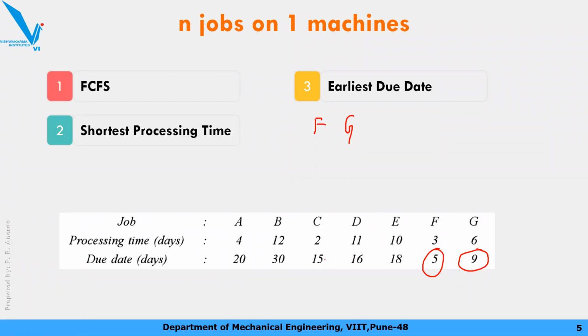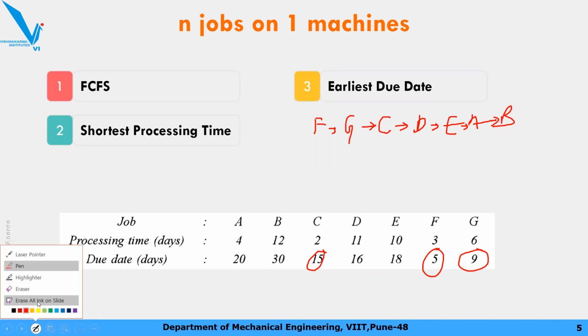Then the due date of C will come close, then D, then E, A and B. So that will be your sequence. Your job sequence will be this way. So that is earliest due date.